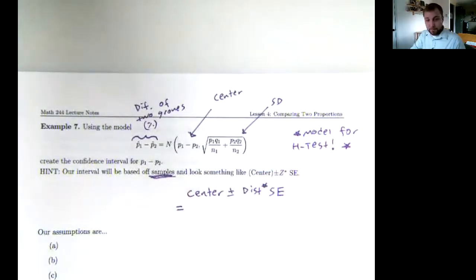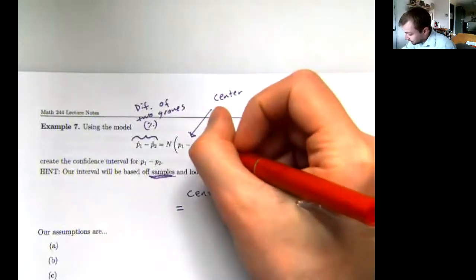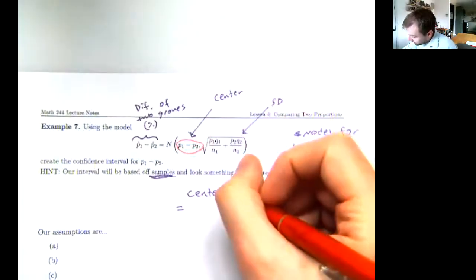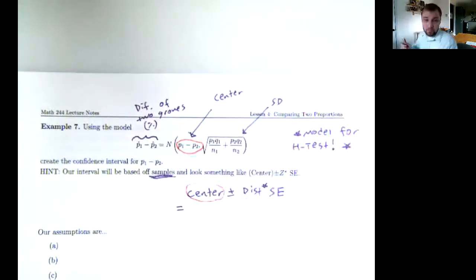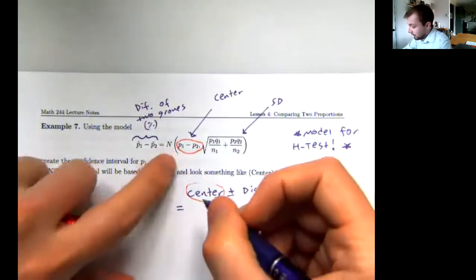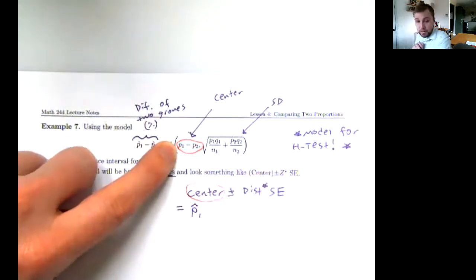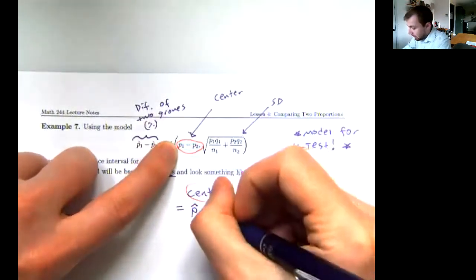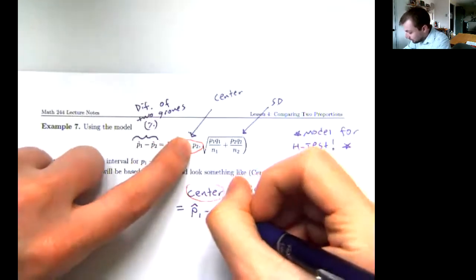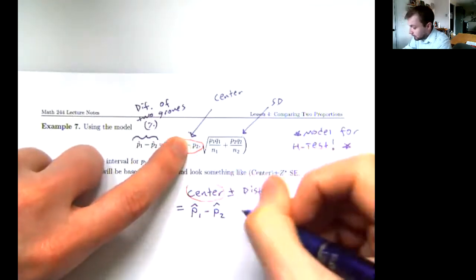So looking above, my center was P1 minus P2. I want to say the sample version of that. Well, the sample way of saying P1 is P hat 1, minus the sample way of saying P2 is P hat 2.